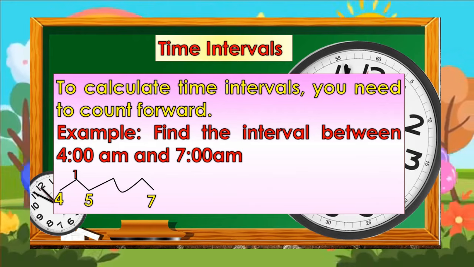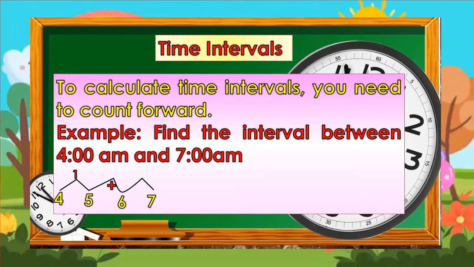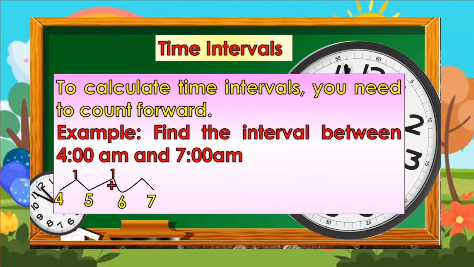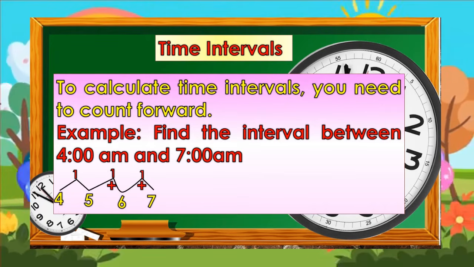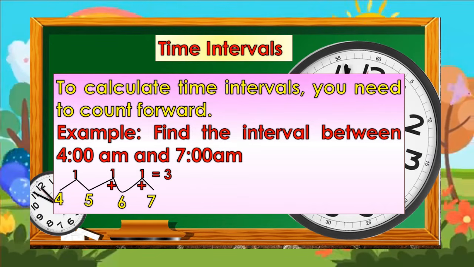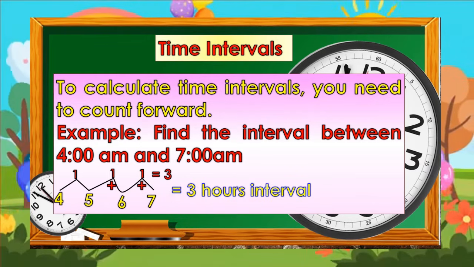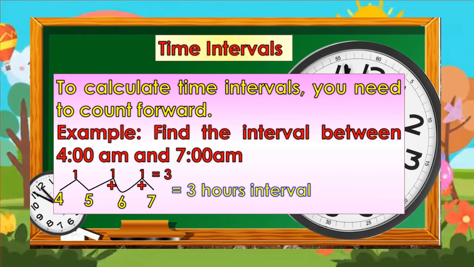And then it goes to 6 AM, another 1 hour interval. And from 6 AM, it will strike 7 AM, which is another 1 hour interval. A total of 3 hours interval. So the total number of hours of interval of 4 AM and 7 AM is 3 hours.